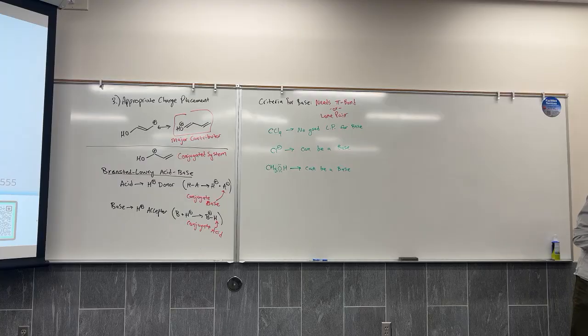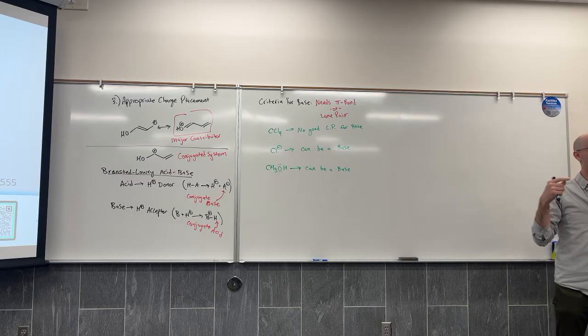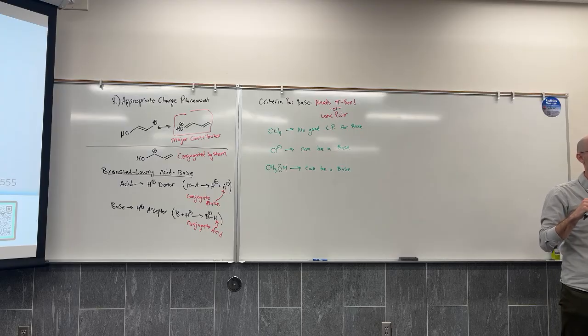Professor, what's the criteria for an acid? General criteria: it has to have a hydrogen. That's pretty much it.